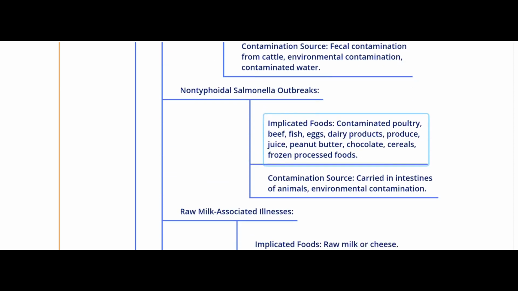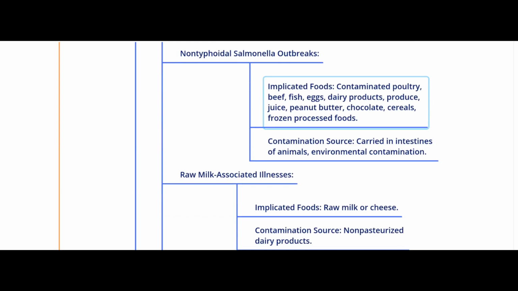If we talk about non-typhoidal Salmonella outbreaks, the implicated foods are contaminated poultry, beef, fish, unwashed eggs, dairy products, juice, peanut butter, chocolate, cereal, and frozen processed food. But since we have a really high infectious dose, just cooking our food well should be more than enough to save us from this disease.